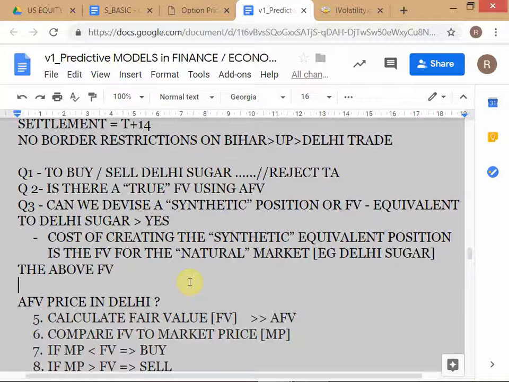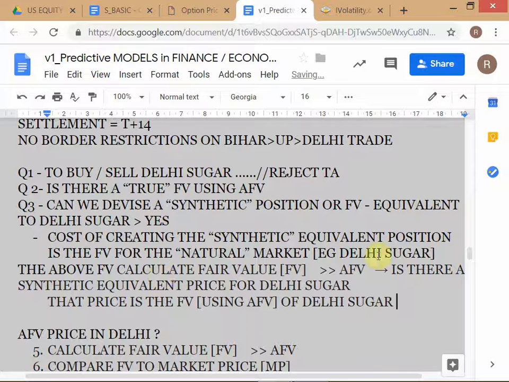At the end of the day, you're communicating, so you have to use the right technical terms and craft the sentence the right way so that people understand clearly what you're saying and there's no confusion. Cost of creating the synthetic is the fair value.